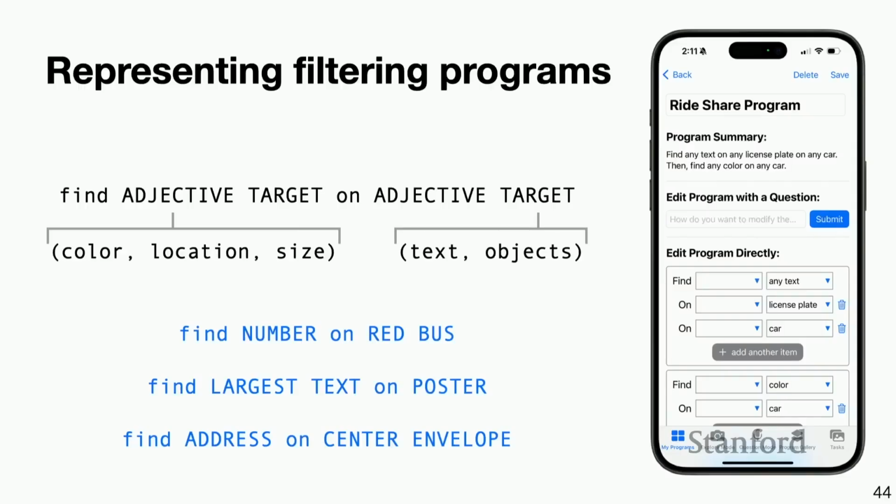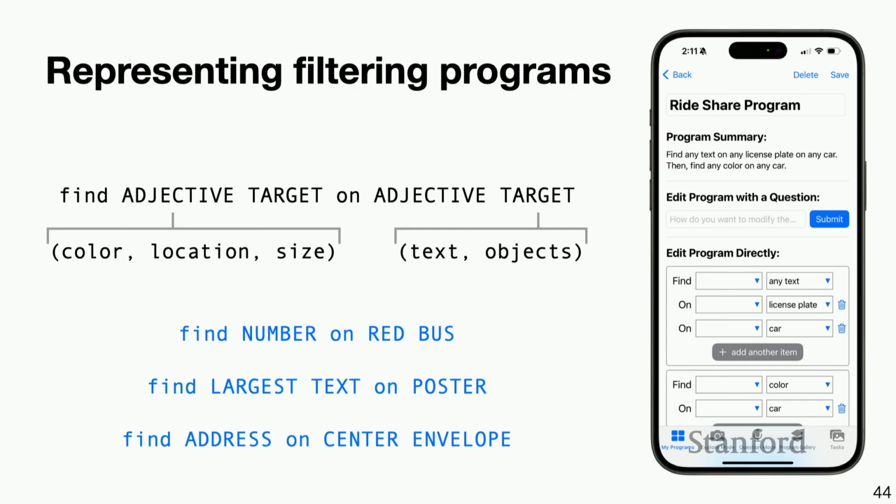In order to make it expressive, we used all the scenarios from the previous qualitative study, and we derived this program representation to support this kind of visual information filter task. The program follows this pattern of find something on something, and each thing can have adjectives that denote color, location, size, or other attributes.